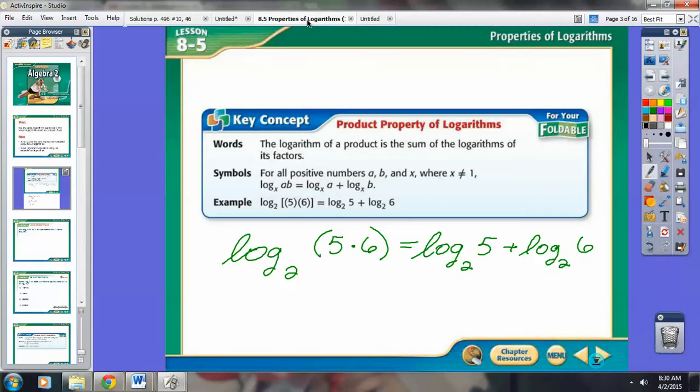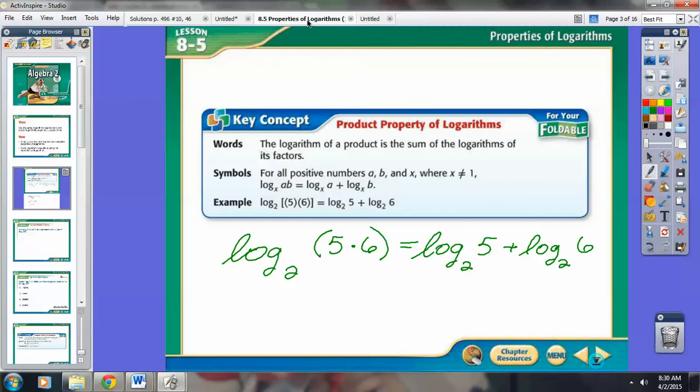That would be this example right here. Write this down in the example column, please. For products property. So multiplying our arguments, we can write it out in expanded form where we're adding our logarithms.